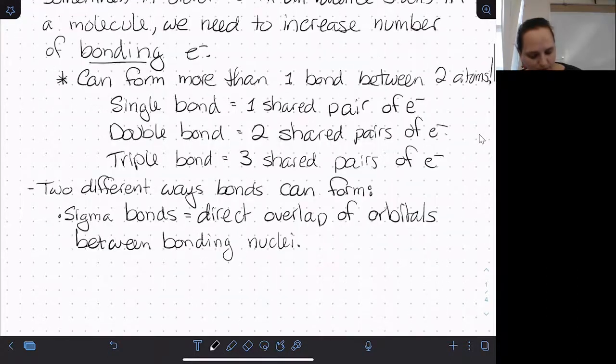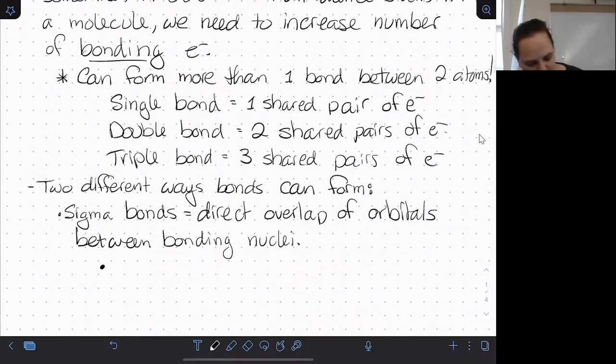If we imagine a nucleus here and a nucleus here, there might be an orbital pointing here and an orbital pointing here, and this little region of overlap in between is what we are referring to when we refer to a bond in general, specifically a sigma bond.